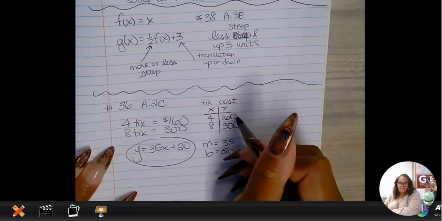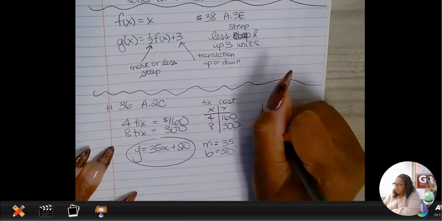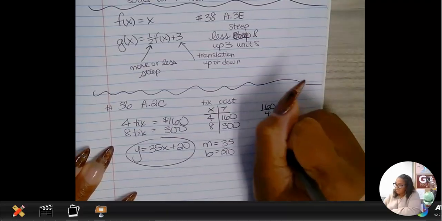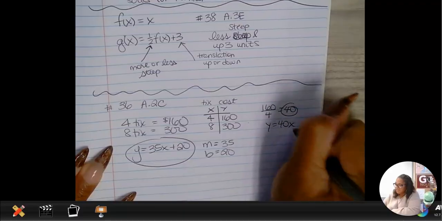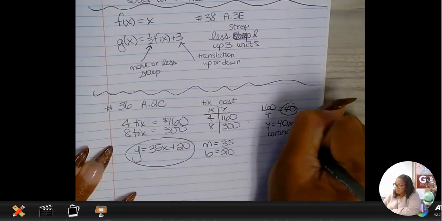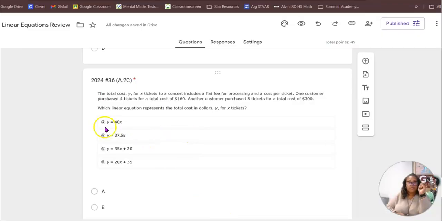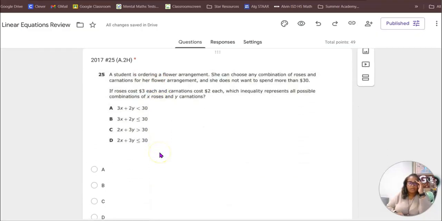Please don't mistakenly just take those first 2 numbers and divide them, because if you take 160 divided by 4, you will get $40, and y equals 40x is an answer, but it is wrong. So make a table whenever you have those 4 values. There's that 40x, that's wrong. It's 35x plus 20.